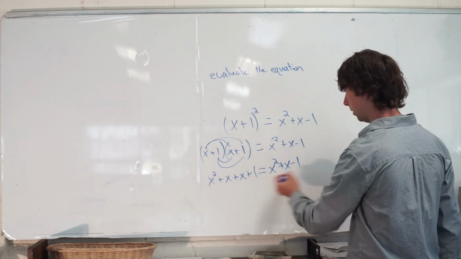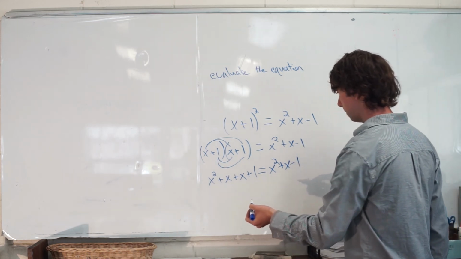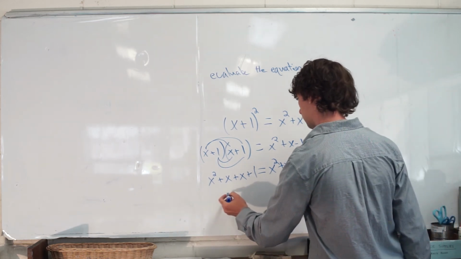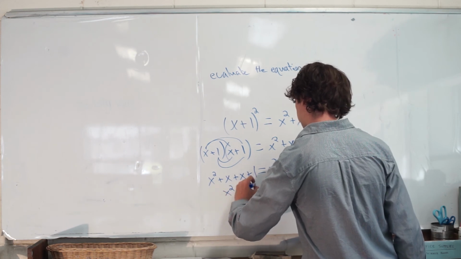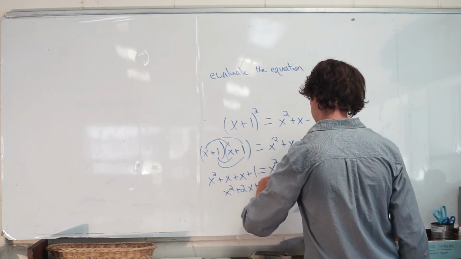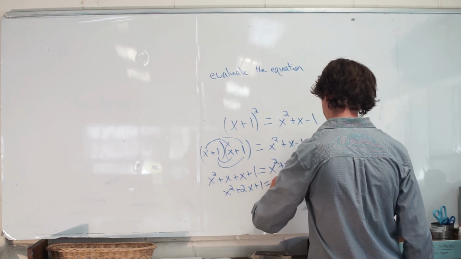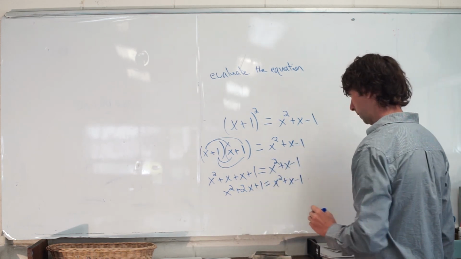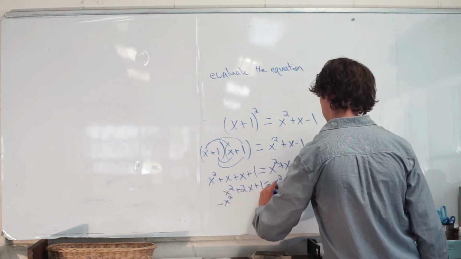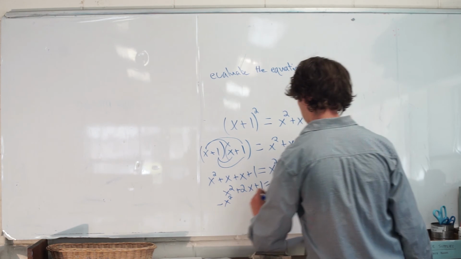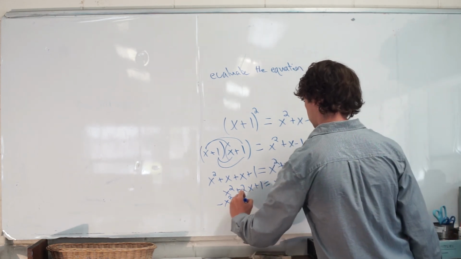So you can probably see already that these are not the same, but I'll just simplify it a little bit here. Okay, you can subtract x squared from both sides if you want to get rid of it. And subtract x from both sides.